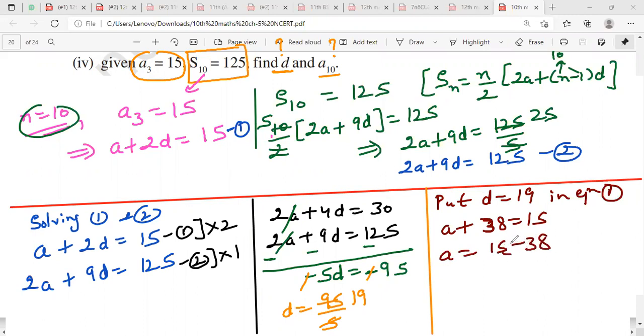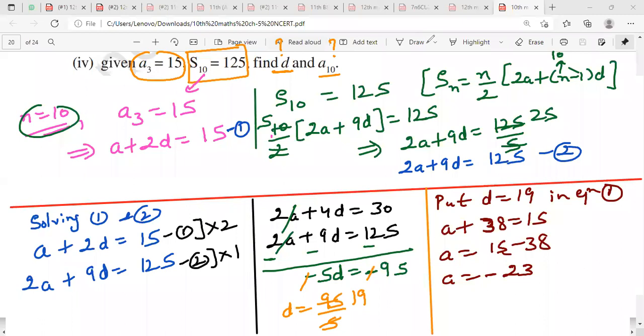So A will be equal to minus 23. A equal to minus 23.